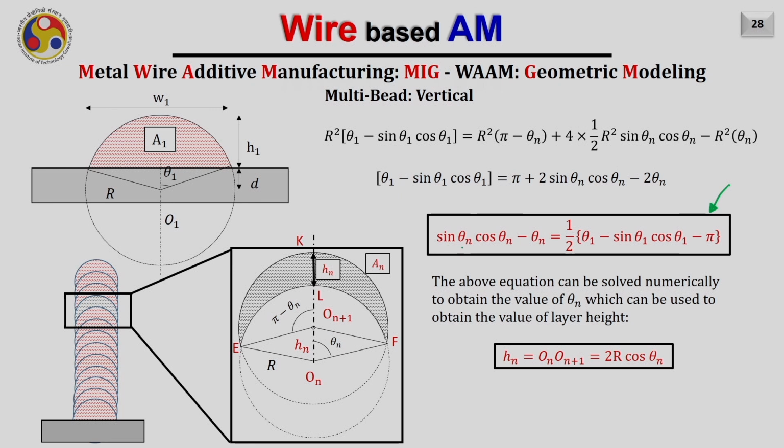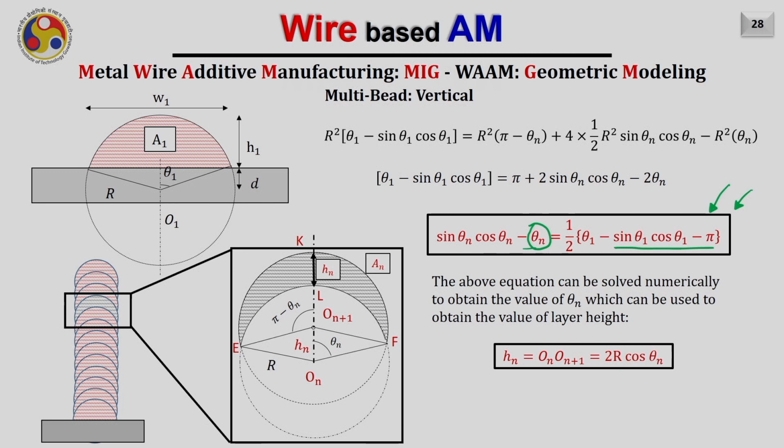It says sin theta n cos theta n minus theta n will be equal to half of sin theta 1 cos theta 1 minus theta 1 minus pi. To obtain the solution of theta n from the above equation, you can solve it by using some numerical techniques.